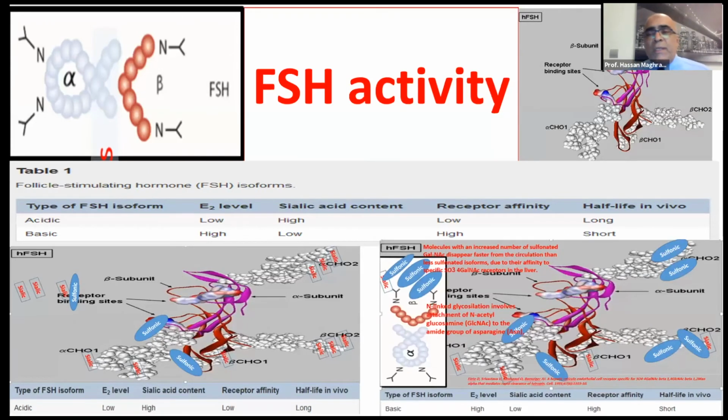In urinary products, it is acidic FSH. It has longer duration of action and weak potency, and it contains a lot of sialic acid on its carbohydrate side chains. Whereas in rec FSH, it is basic, it has more potency, but shorter duration of action.